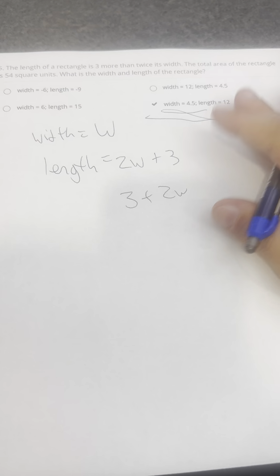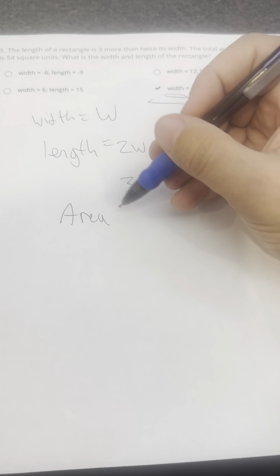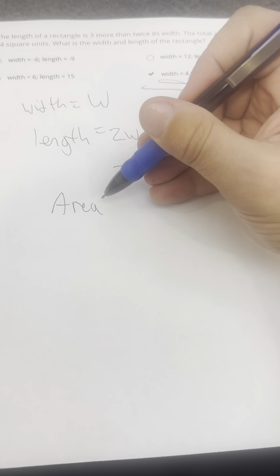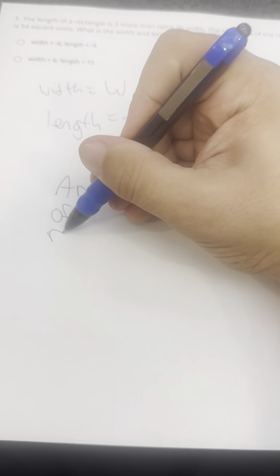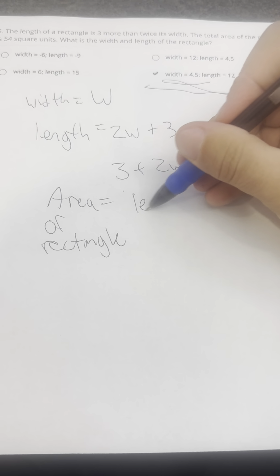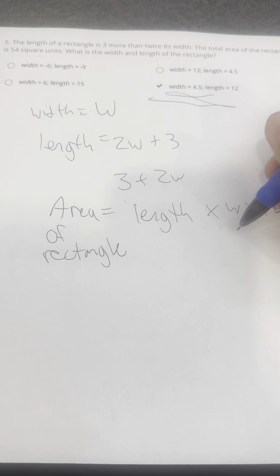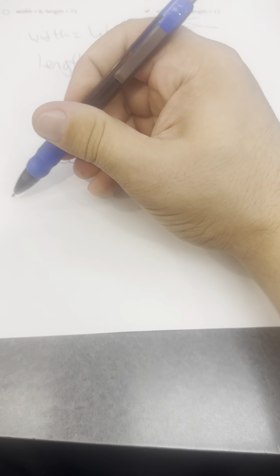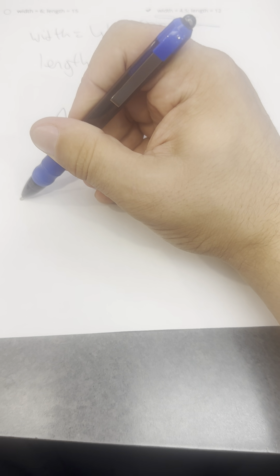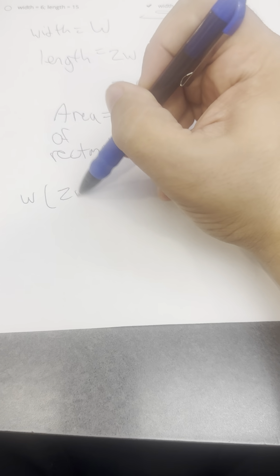So area of rectangle formula. So the area of rectangle is length times width. Okay. So width is already W, and we have the length.